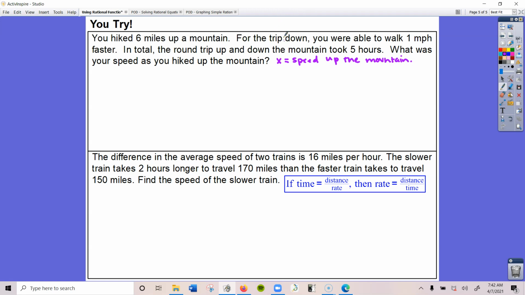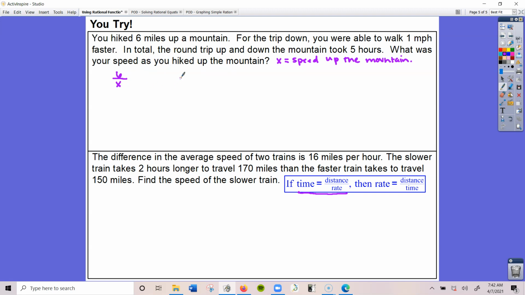Once more, time is equal to distance divided by the rate. So we are hiking 6 miles up the mountain. So the time that it takes to go up the mountain is the distance, which is 6 over x, because that's the speed that it takes me to go up the mountain for 6 miles.